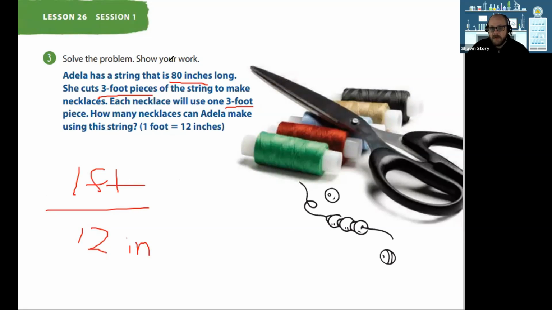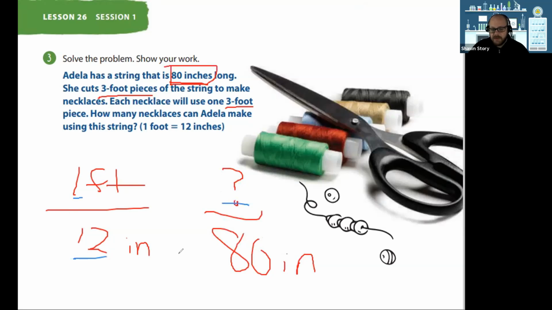All right. So she has 80 inches of string. How many feet is that? If it is 80 inches, how many feet is 80 inches? How can I cross multiply? So I have 1 foot, 12 inches, and 80 inches.